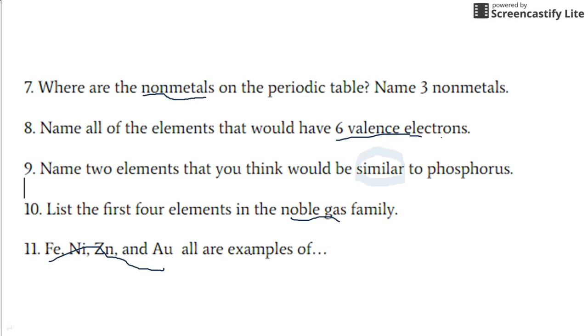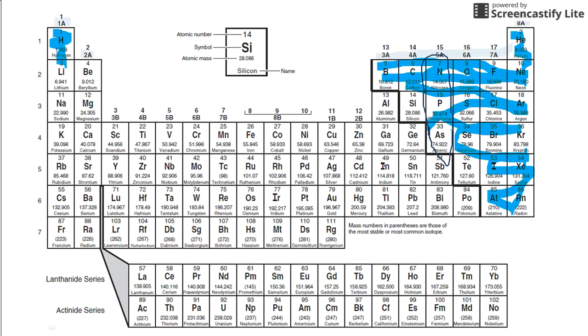The first 4 elements of the noble gases. Let's remember where our families are. This first family are the alkali metals. The second one are the alkaline earth metals. Alkaline earth. In the middle here, all of these guys in the middle, where it starts a little lower, those are the transition metals. And abbreviate that TRXN, transition metals.